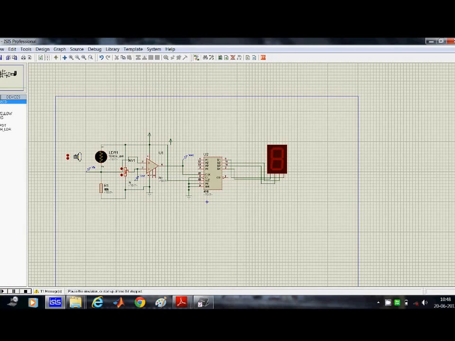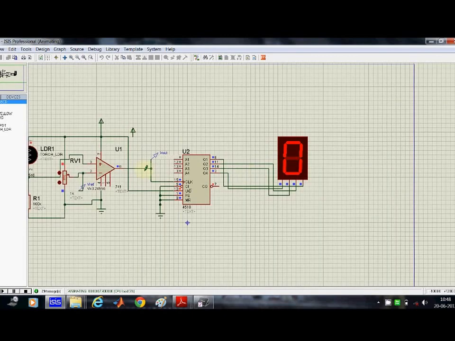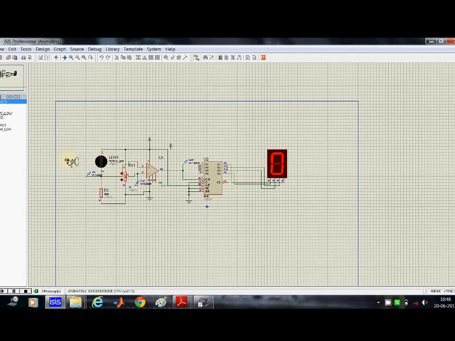So now I'll be simulating it again and you'll see how the circuit will actually be working. So I get it back and I get it ahead again. You see, a count has increased. I get it back again and I get it forward. So this is saying that if light intensity is increased, then from darkness, if light increases, then a count will go up.